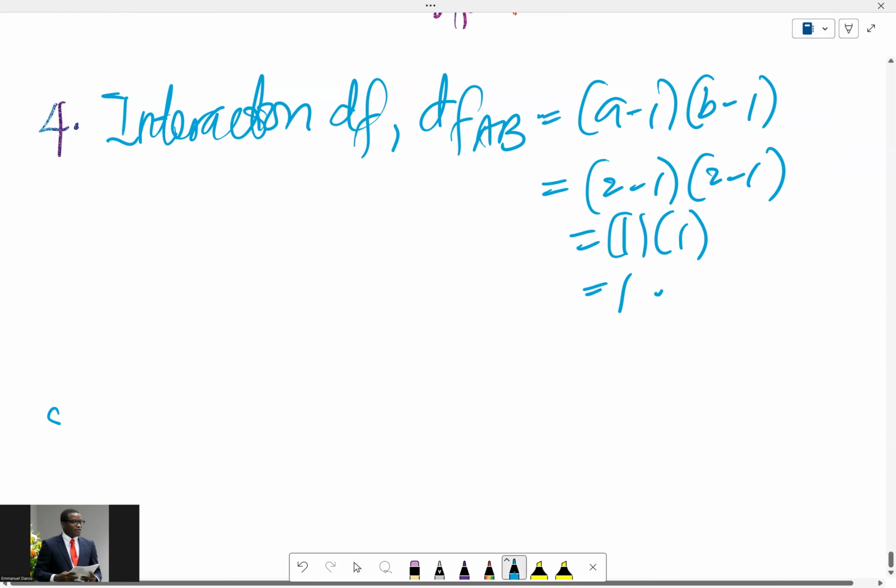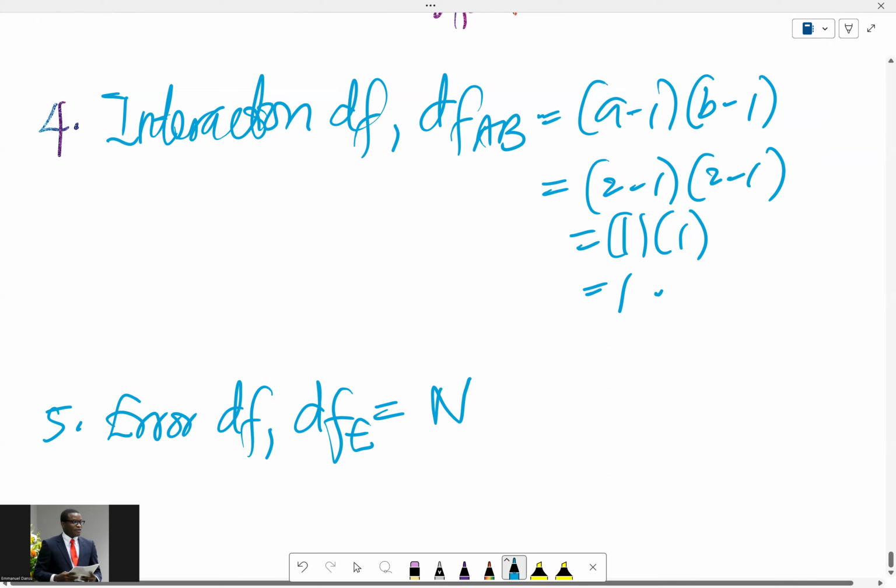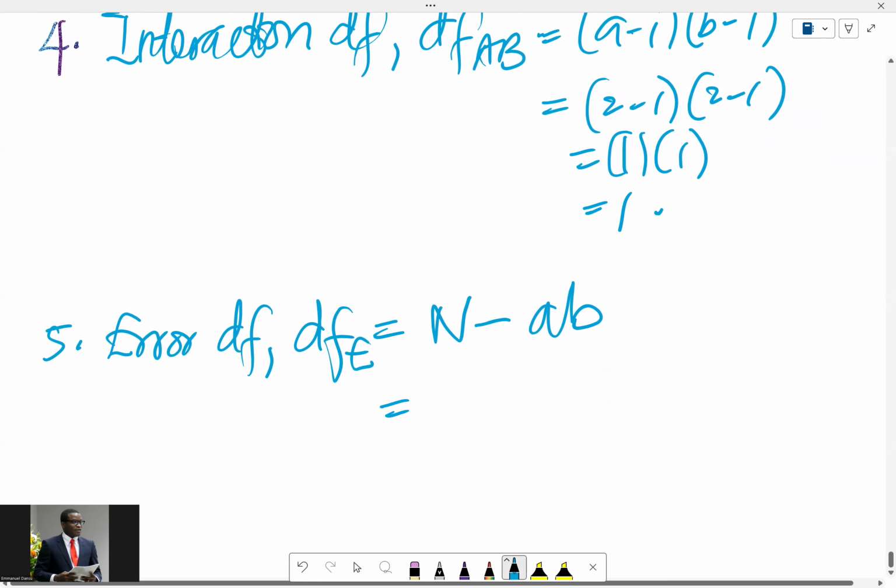Then number 5 in degree of freedom is the error degree of freedom, which you can call DFE, and that is total observation minus AB. Total observation is 20, like we saw before.